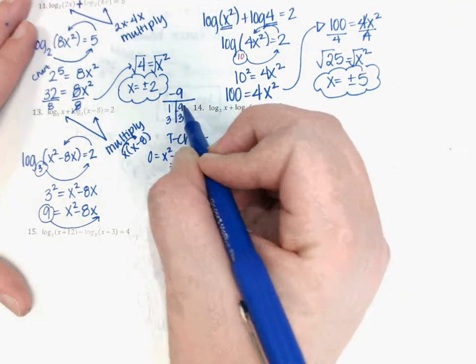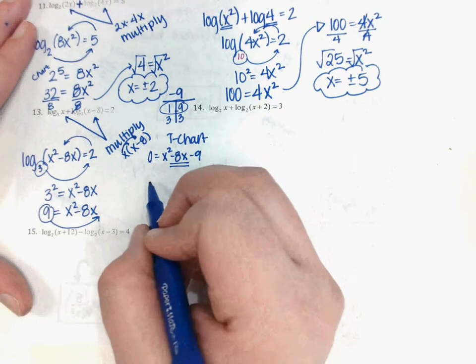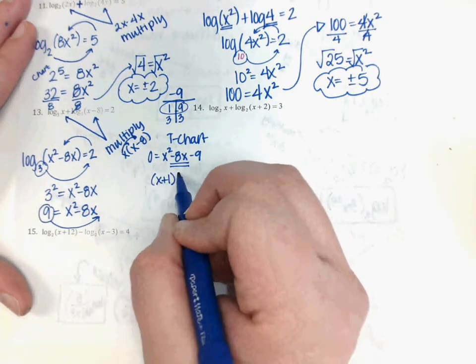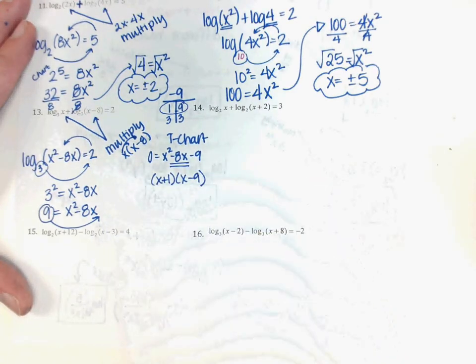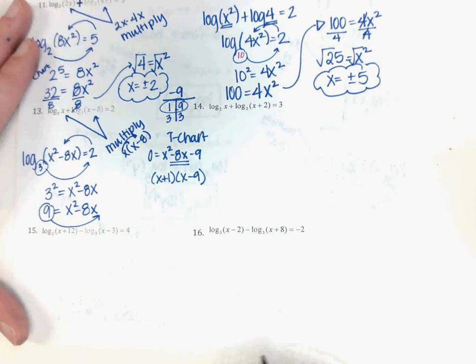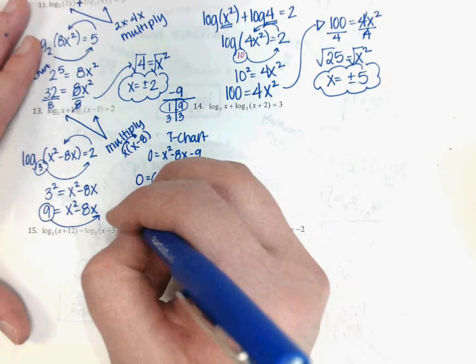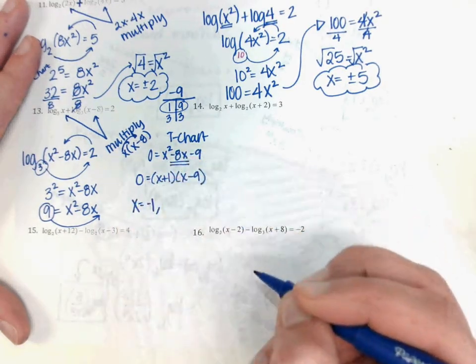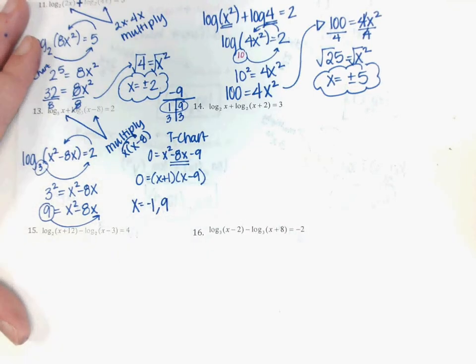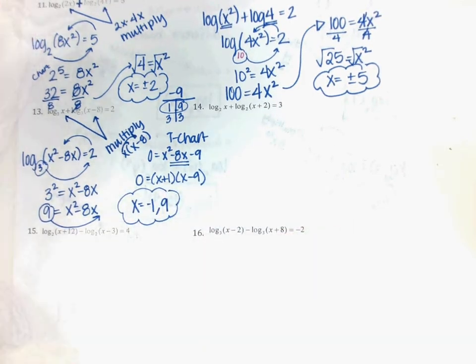So I have to minus the 9. So it'll be an x with a plus 1 and an x with a minus 9. Now, if my solutions are the opposite of my parentheses, what will my two solutions be? Negative 1 and positive 9. Very good. Does that make sense? Okay.